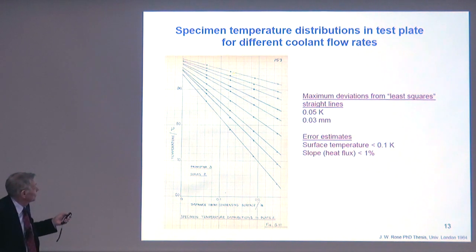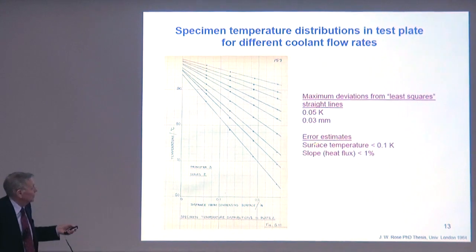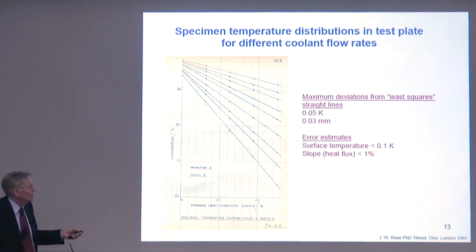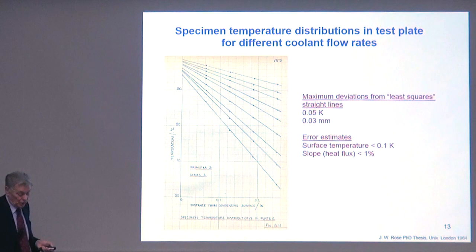If you take any one of these points, the maximum deviation from the least square straight line was 0.05, if you look at all of them. And if you look at the transverse direction, the maximum deviation was 0.03. So using these, we can estimate the error in the surface temperature will be better than 0.1 of a Kelvin, and the slope, which will give you the heat flux, is better than 1%.